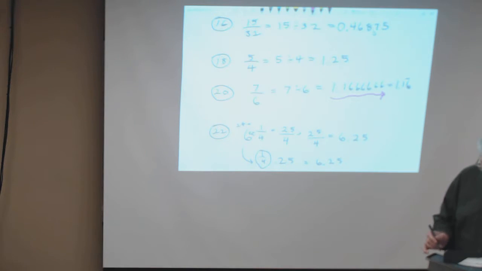Some calculators will put a 7 at the end because it's rounding it off, because it only goes so many places. But can all of you see from this pattern that the 6 is repeating? So I can write this as 1.16 with a line over the 6 because that line means the 6 repeats.